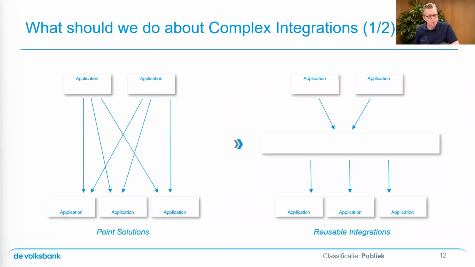Yeah, integrations are always a headache for many organizations. One of the traditional ways of integrating will be point solutions, where one application talks to another solution. And then when the ESB vendors came along, they said, you shouldn't be doing that. It can be much simpler. And you can use our ESB, which is on the right-hand side.